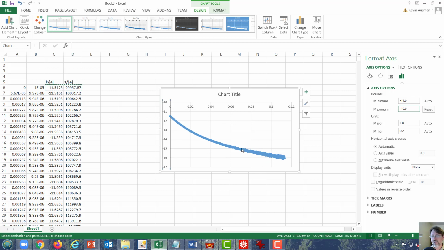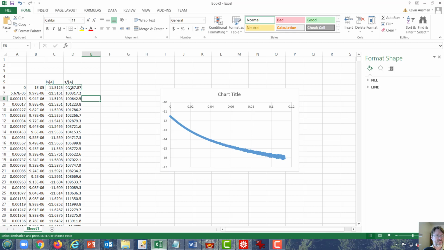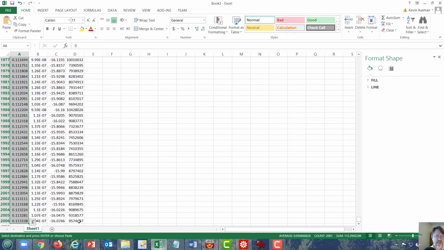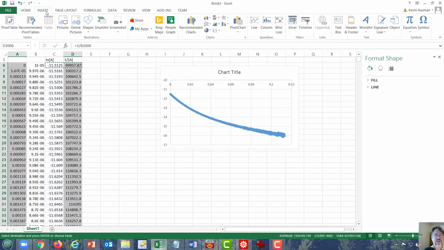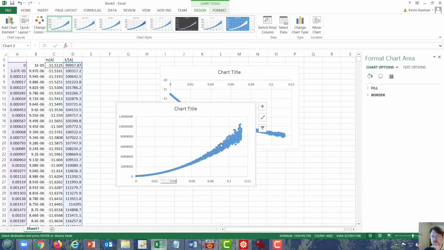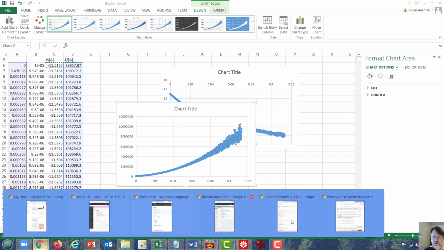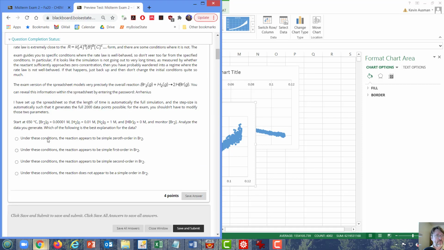That's got quite some curvature to it, so it doesn't appear to be simple first order. Okay, let's now do the same thing, looking at 1 over. Insert, chart, scatter. That one also is clearly not a straight line. So our answer is that under these conditions, the reaction does not appear to be a simple order in Br2.